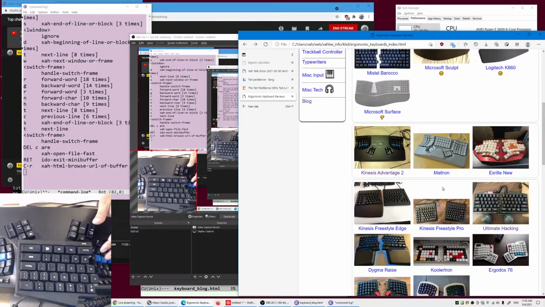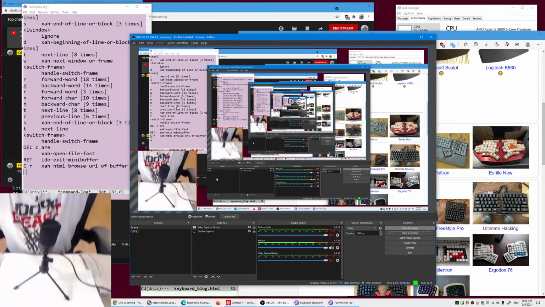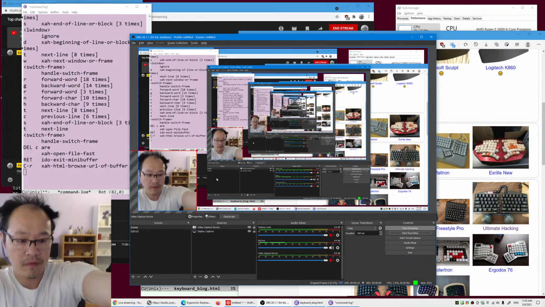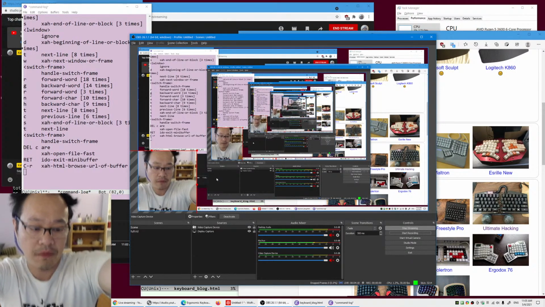Okay, so now let's go back to Mathematica. And let's talk about the fantastic features of typesetting in Mathematica.